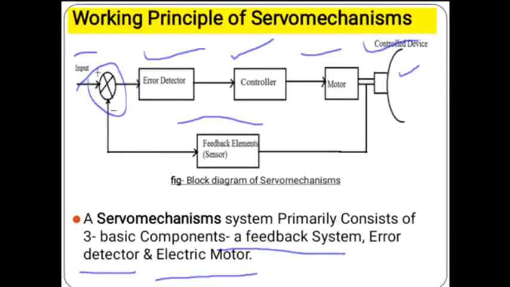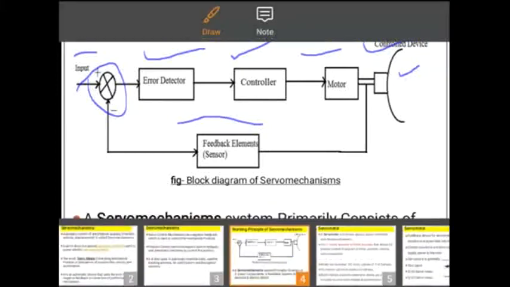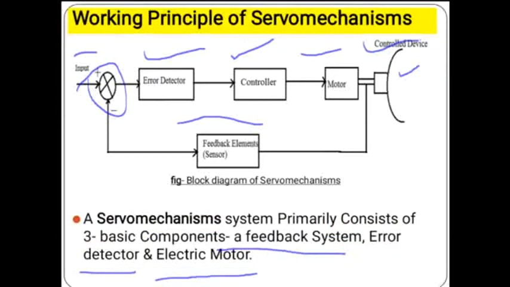After that this signal goes to the motor, and finally the output is obtained by the shaft of this motor. And if here we are getting 90 degrees, remember that we required 180 degrees, but we are getting 90 degrees at the output side of the motor, at the shaft. Then what will happen?